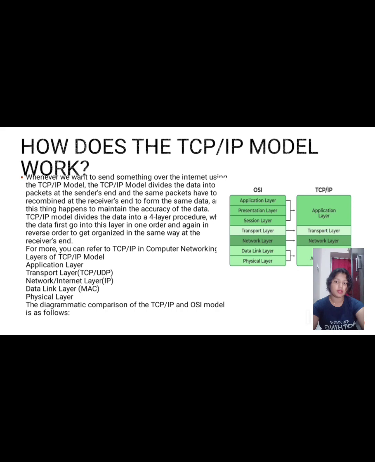We require a transport layer in both the OSI model and the TCP/IP model. For more, you can refer to the layers of the TCP/IP model in computer networking. The diagrammatic comparison of the TCP/IP and OSI models we can see here.